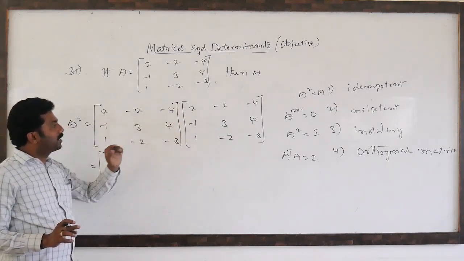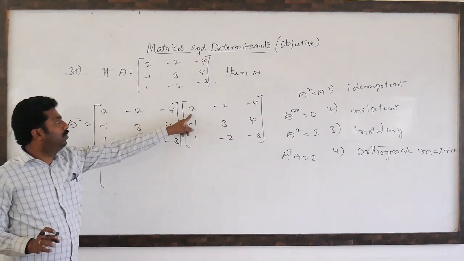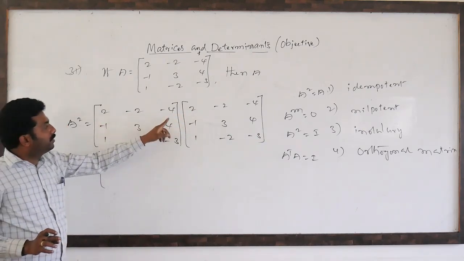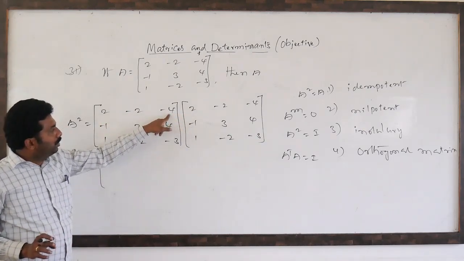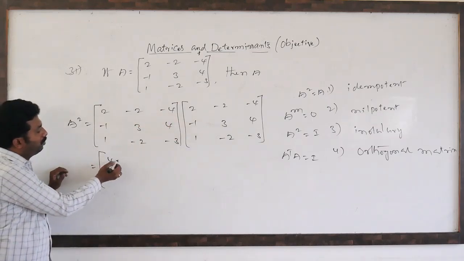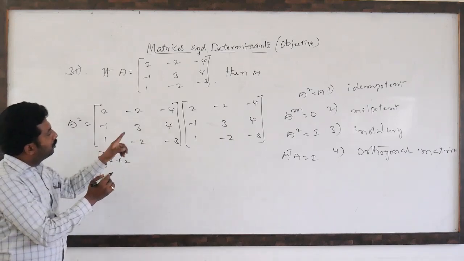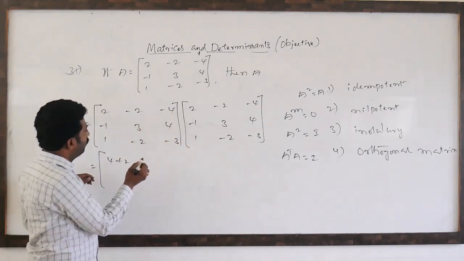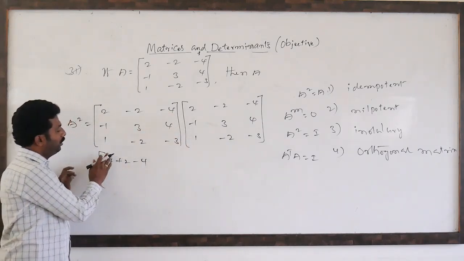First row into first column: 2 into 2 is 4, plus 2, then minus 4, which is nothing but 2.